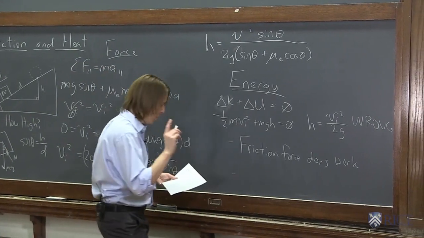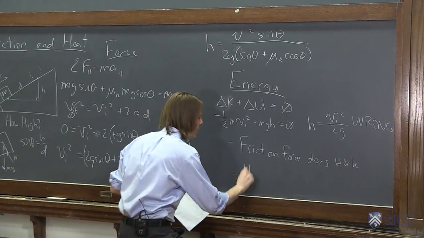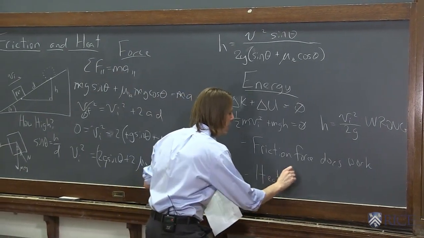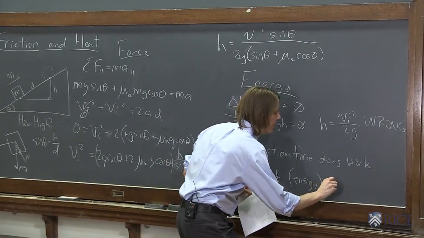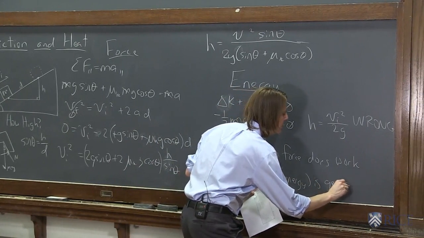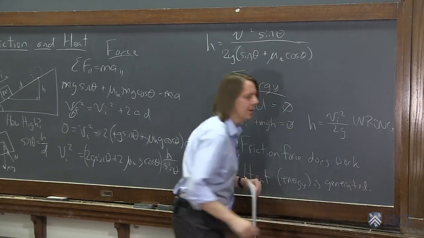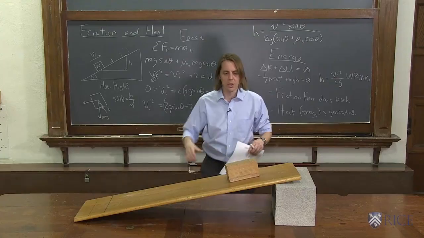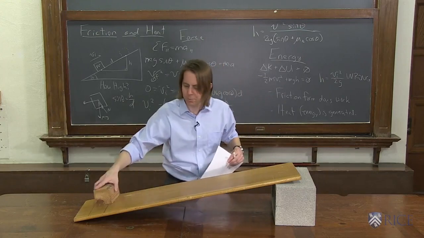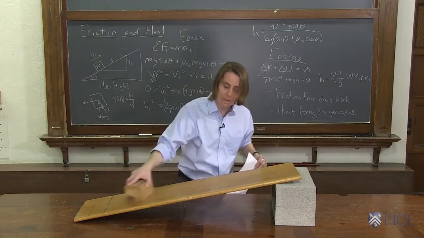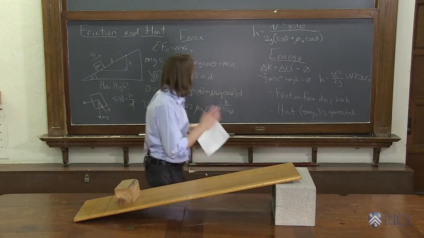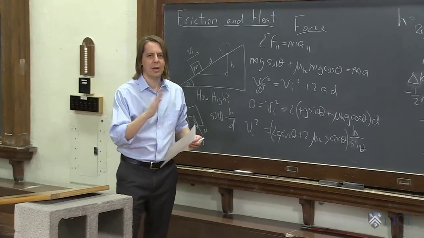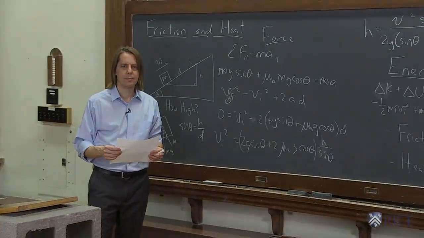Another way to think of it is that heat, which is a form of energy, is generated. And since energy is conserved, that has to come from somewhere. So if I slide the block up and down the ramp enough times, we know we'll generate some heat. So next board, we're going to think about these two and how to solve this properly with energy.